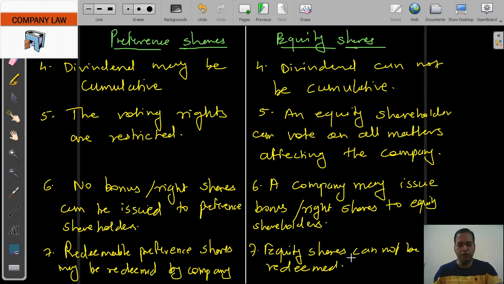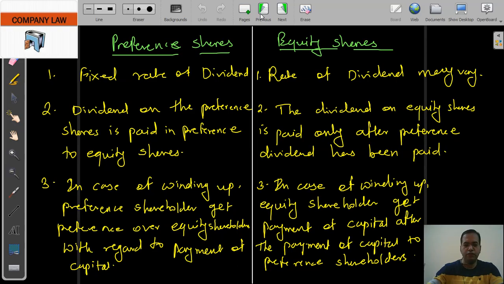I hope you understood these points of differences very well. So you may just make a note of all these points. There are 7 points of differences which I have given over here.